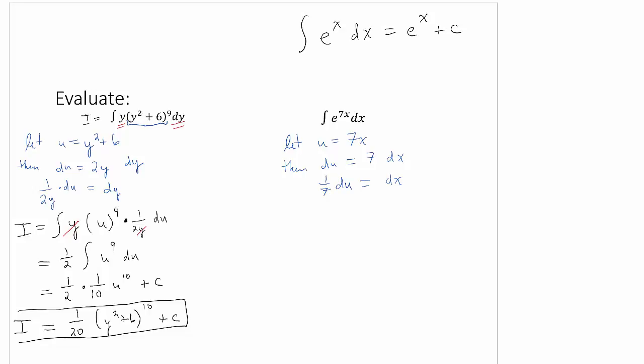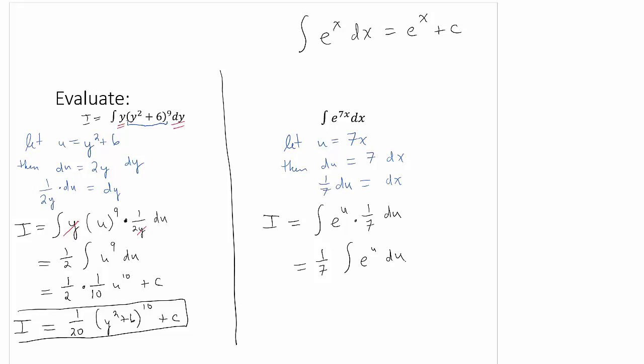And so then my integral becomes the integral of e to the u times, and instead of dx, 1/7 du. Again, I can bring that 1/7 out in front of the integral as it's a constant.